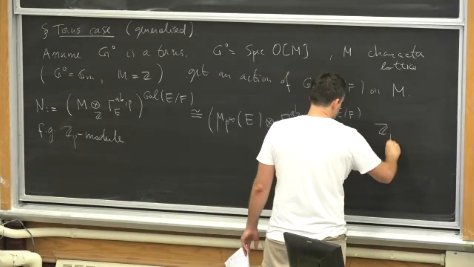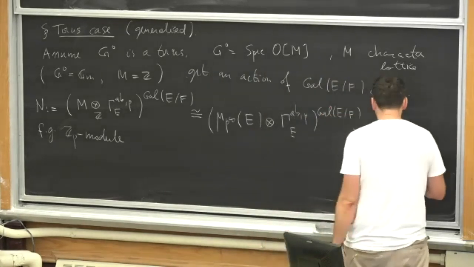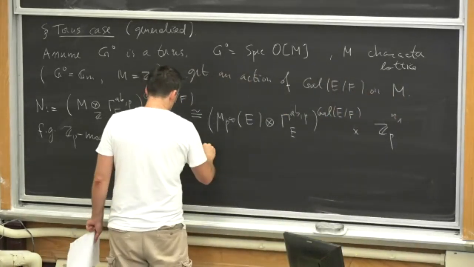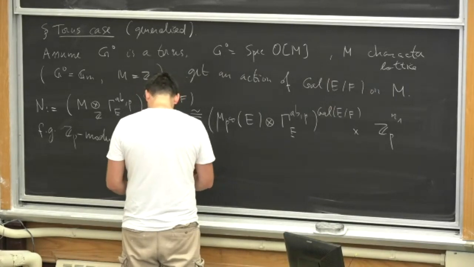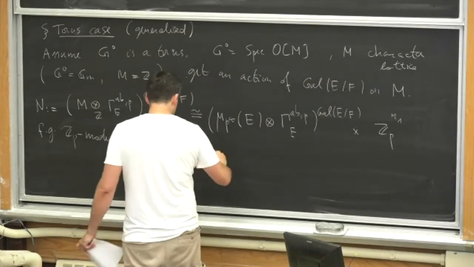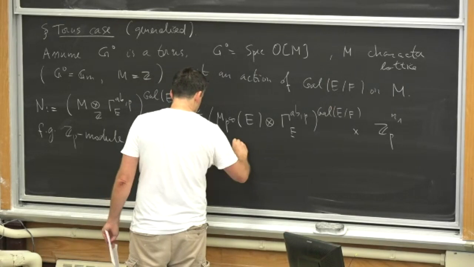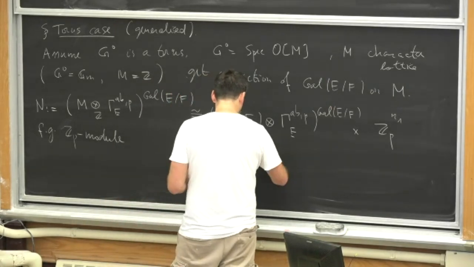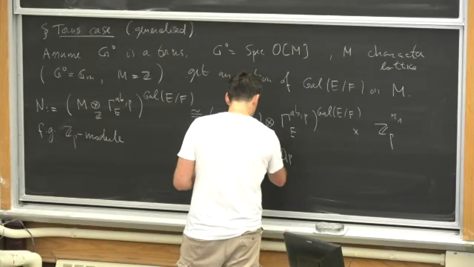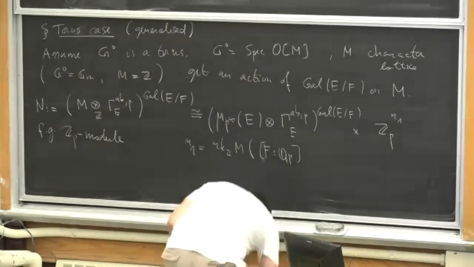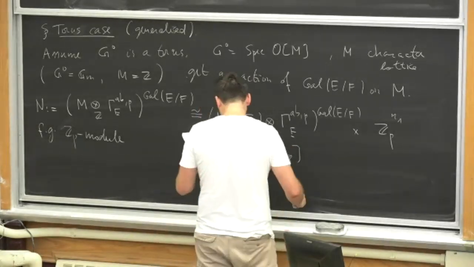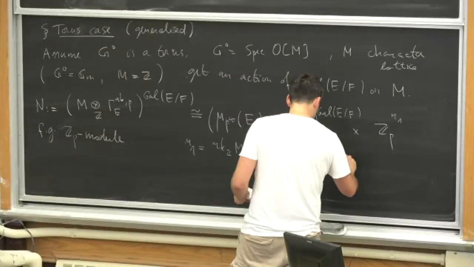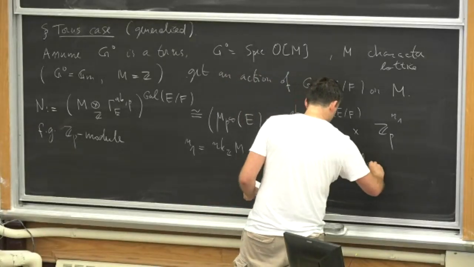Then Z_p to the R1. So this R1 is going to be rank M times plus M, the covariance of this problem.